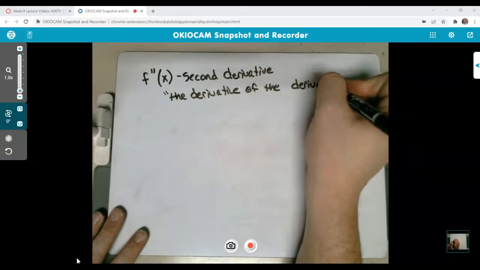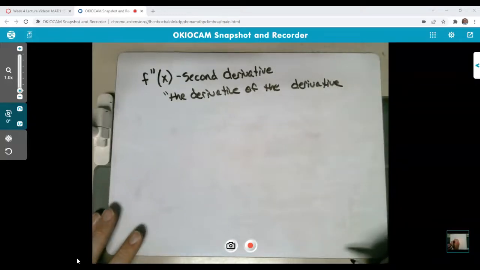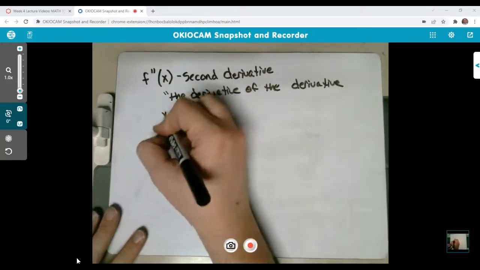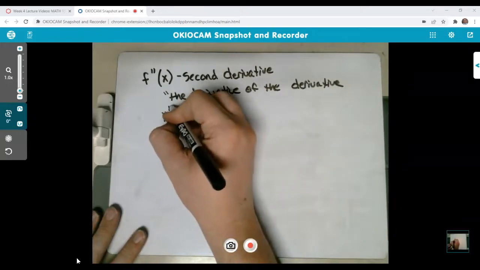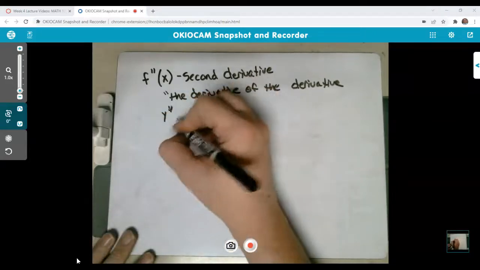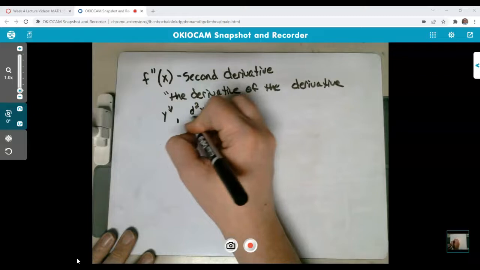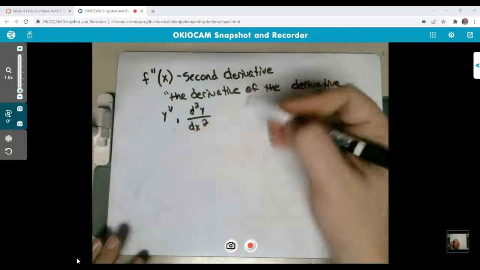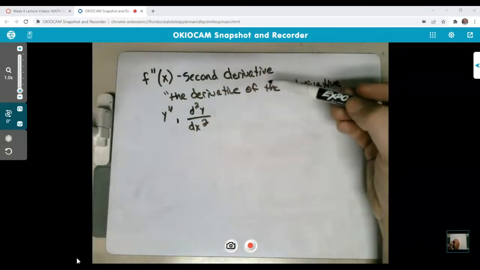So I'm doing it twice. You might also see it written as y with 2 primes. You might also see it as d squared y over dx squared. Any of those means I'm going to do it twice.